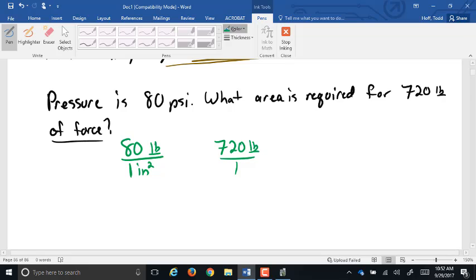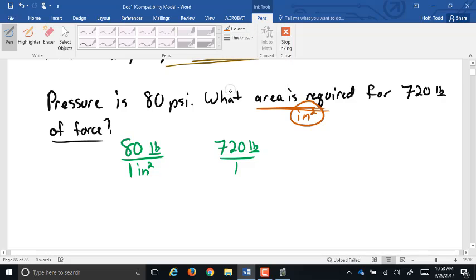We are looking for area here. If we're looking for area, that means we want our answer to be in what units? Inches squared, square inches. So we need to get a result that's square inches out of these units.